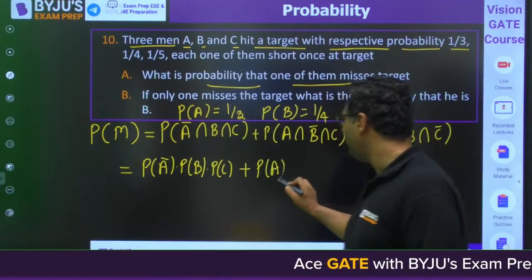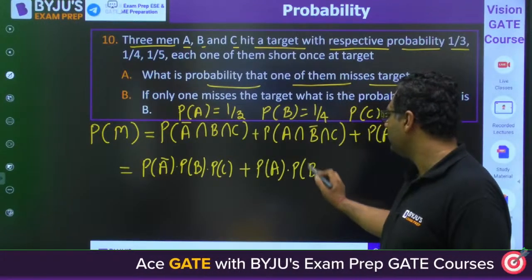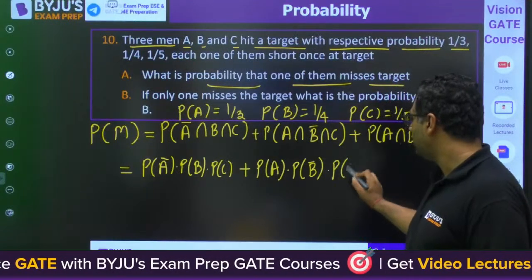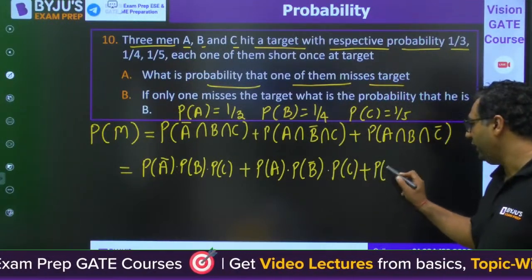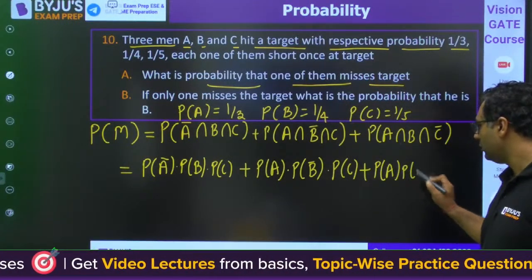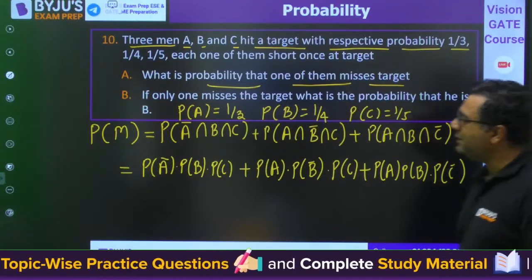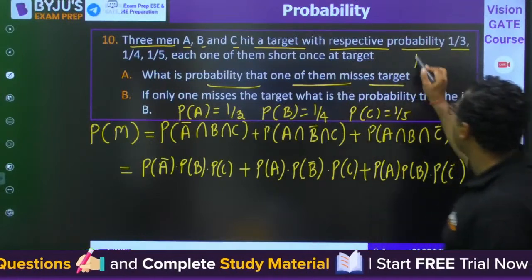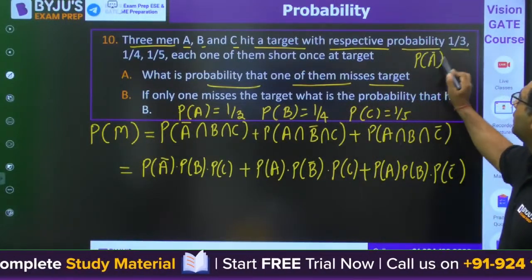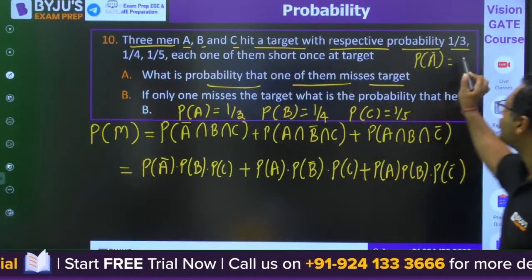Probability of A, I feel now you can do yaar. A, B, C, you know that. What is probability of A bar? 1 minus 1 by 3 is 2 by 3.